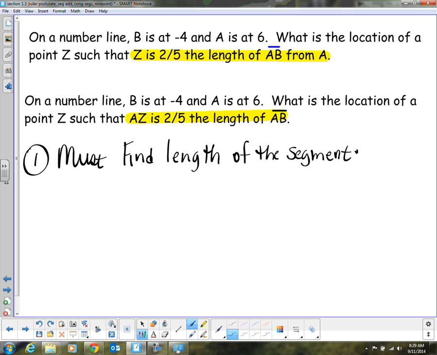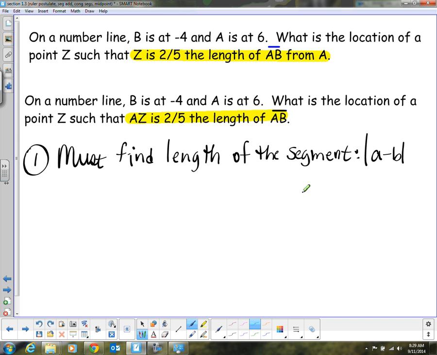How do we do that? That was the absolute value of A minus B, if you remember that. This bothers me. That should be lowercase. Sorry. All right, so you must find the length of the segment.